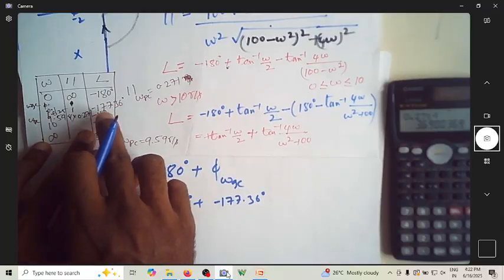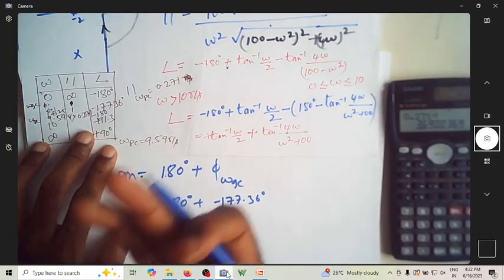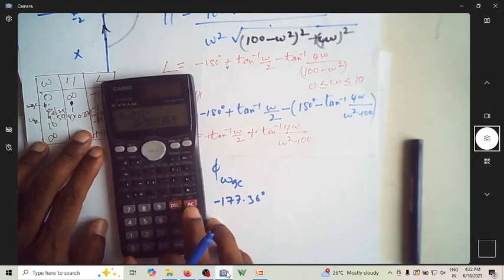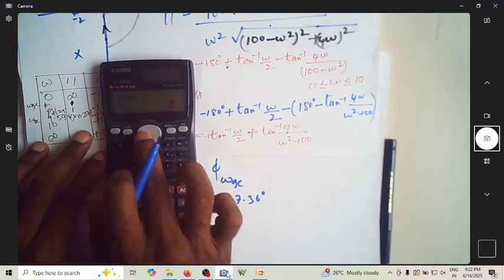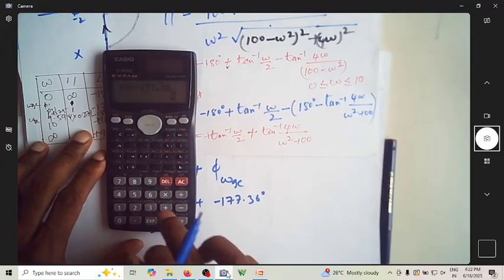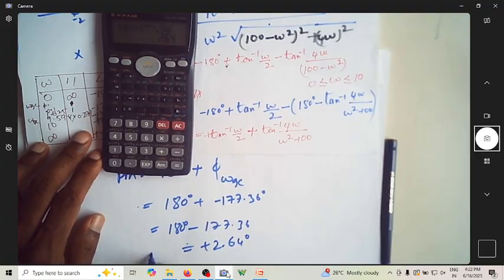So just verify this. I have done the calculation. This is how you should do it. Maybe you can just verify in your MATLAB also. It is 180 degrees plus minus 177.36, which comes out to be plus 2.64 degrees as your phase margin.